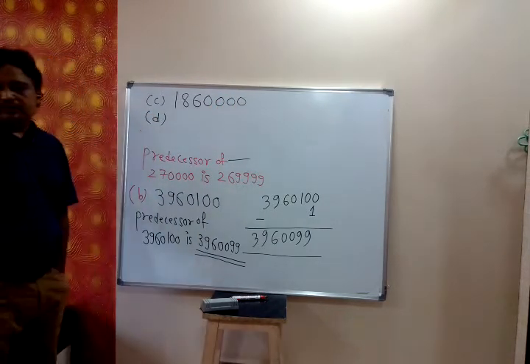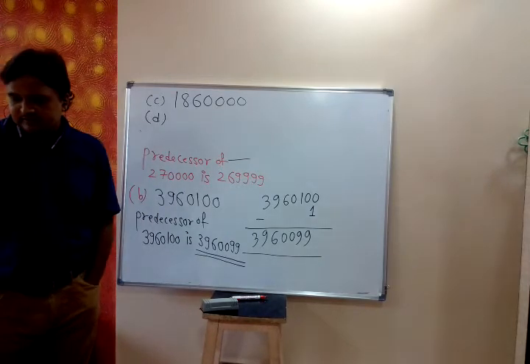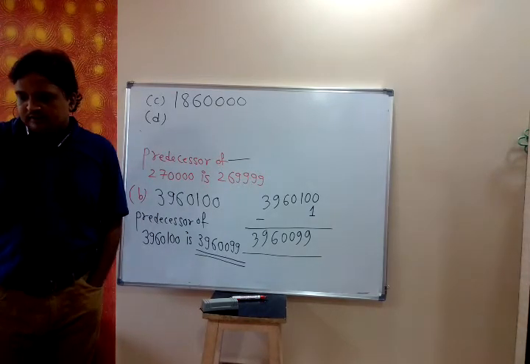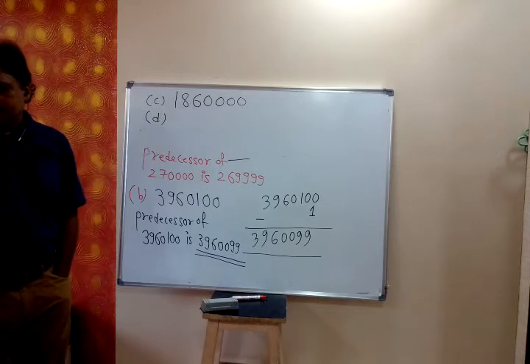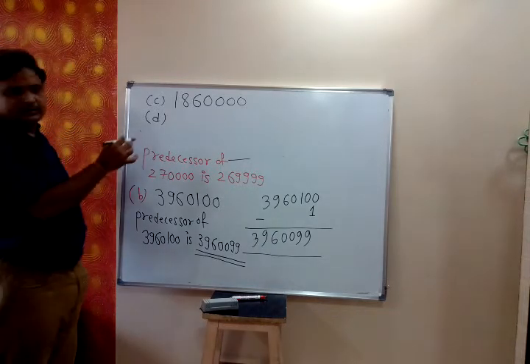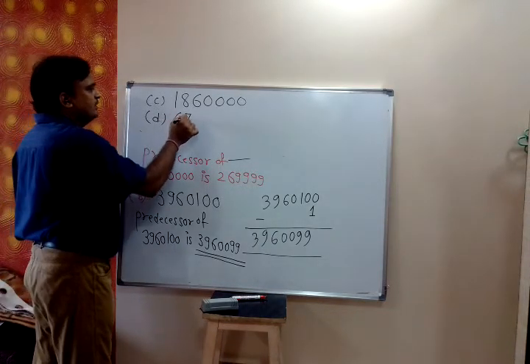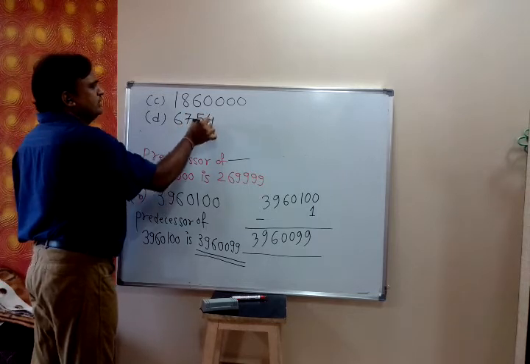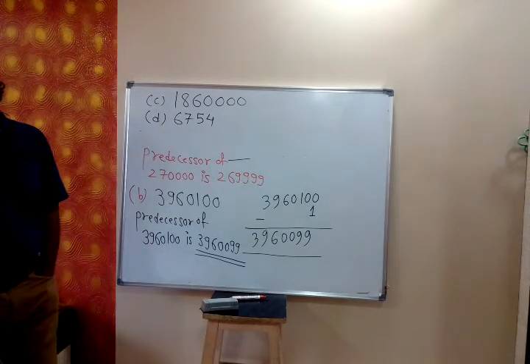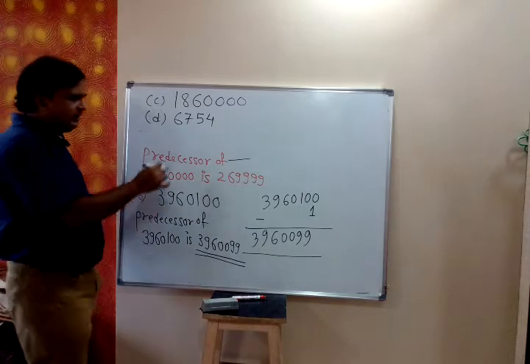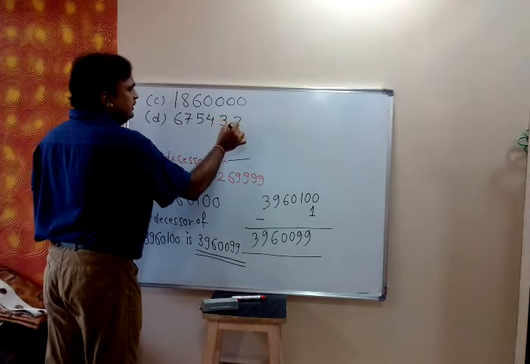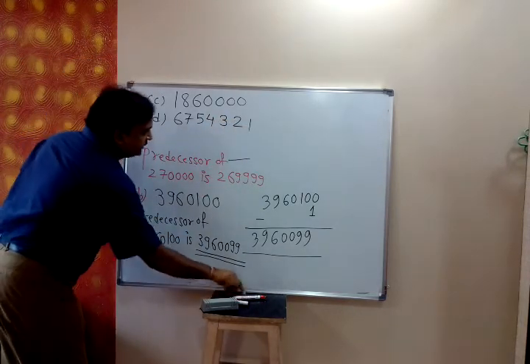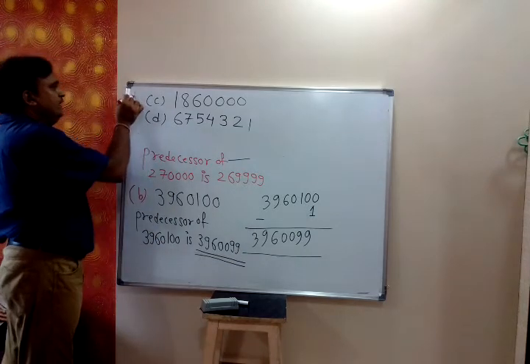There is one more period after this. Then 67,000. 67 lakhs. 54,000. Wait, 321. So these two are homework. Yes, C and D are homework.